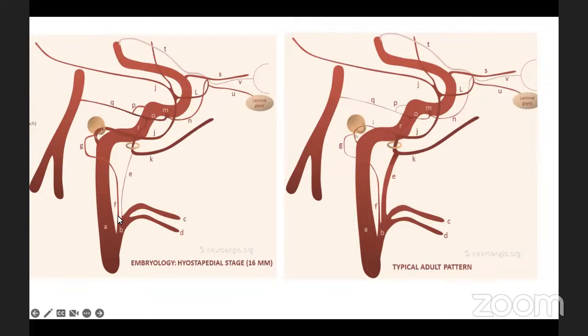So basically the ascending pharyngeal artery going through the superior tympanic artery to the hyoidostapedial segment was intact in the embryological stage, which has regressed later, and this ECA sprout has formed, which connects the internal maxillary artery and forms the middle meningeal artery here.